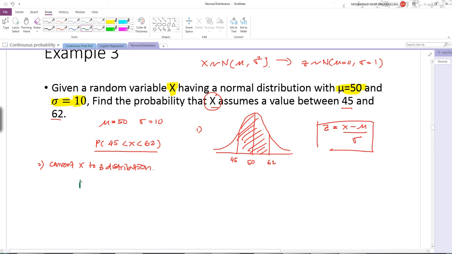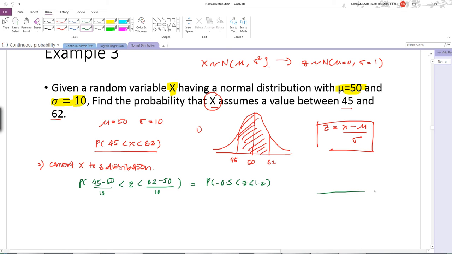So for 45, our x minus mu is 45 minus 50 divided by sigma equal to 10. This is Z. And then 62 minus 50 divided by 10. So this one should be equal to probability of negative 0.5 less than Z less than 1.2.